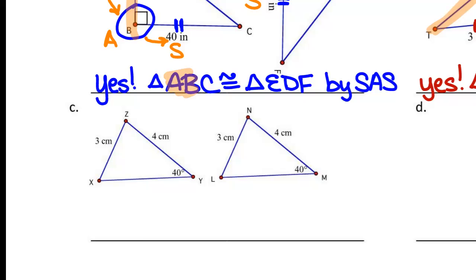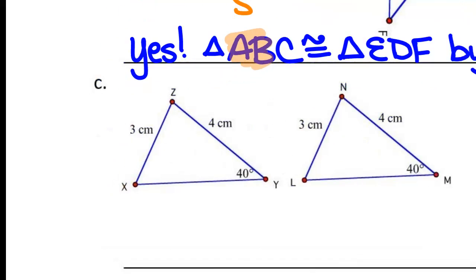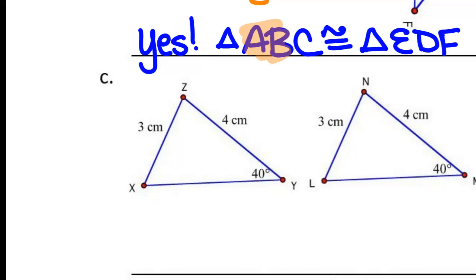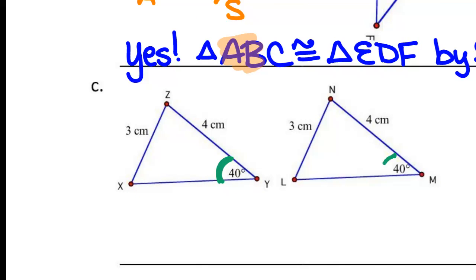Let's look down at part C. Is there anything between the two triangles that I can mark as congruent? 40 degrees, 40 degrees. Anything else I can mark as congruent? What'd you say?